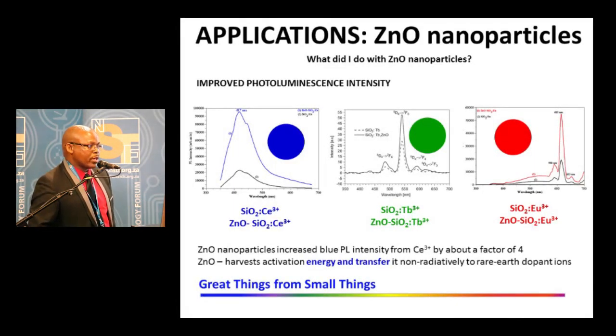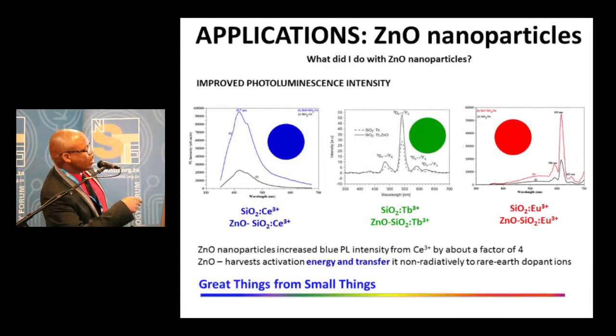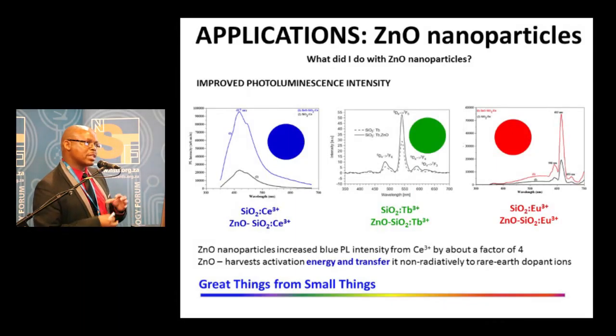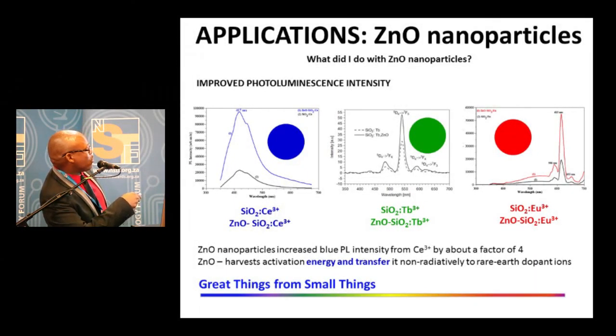What do we do in our research? We try to improve the light emission, the output of the phosphors, because if we have a better light output, it means we can have durable devices. So we do whatever we can to create new types of phosphors, which could be more durable. For example, here you have silica, you have cerium, and then you can look at the output.